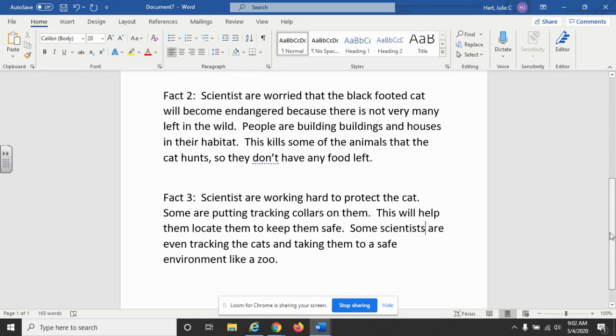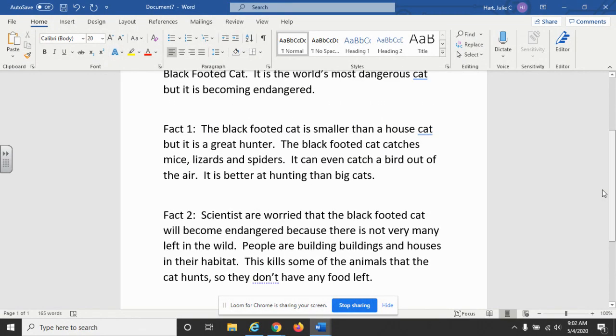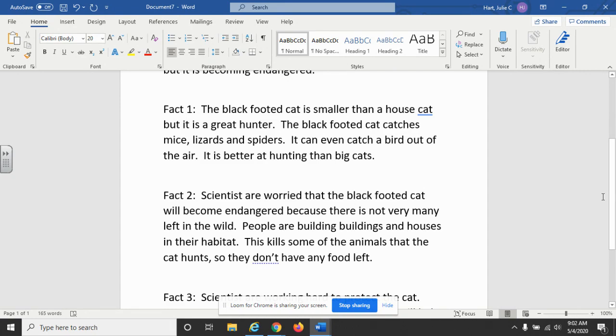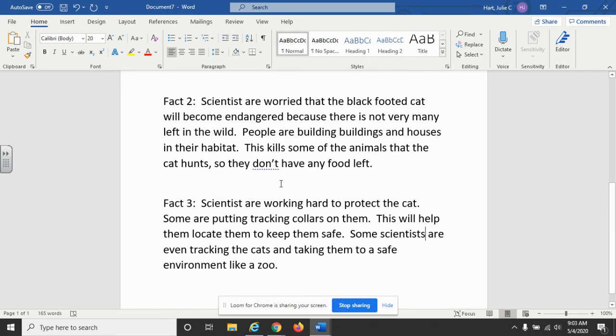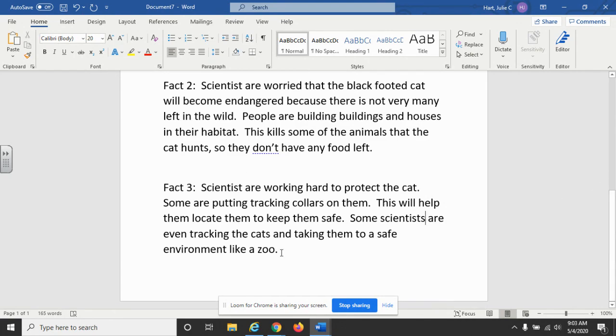So you can see that when I wrote my facts and, of course, added my details to that, I kind of separated them. Fact number one is about the cat being a hunter. Fact number two, why they're becoming endangered. And fact number three, how the scientists are helping the cats to become safer and not so much endangered.